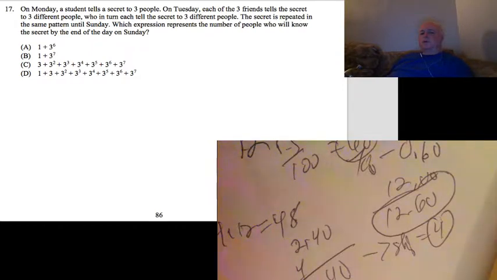Because the question is, which expression represents all the number of people who will know the secret? It says on Monday, a student tells the secret. So it includes D as well. It's good you can rule out A and B, because A and B just have no place in the story. C makes sense, and then you realize, oh, it includes the original person.